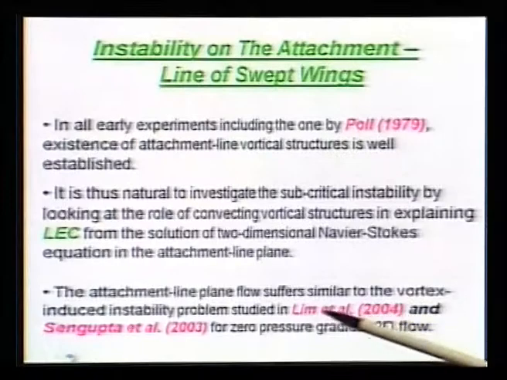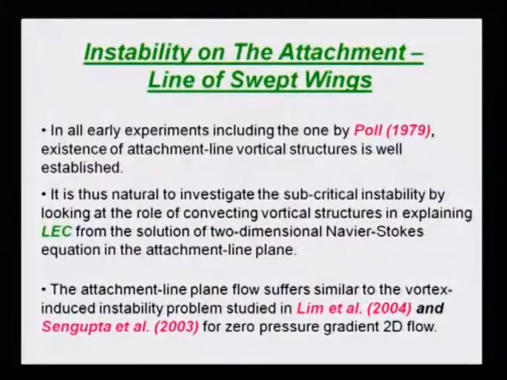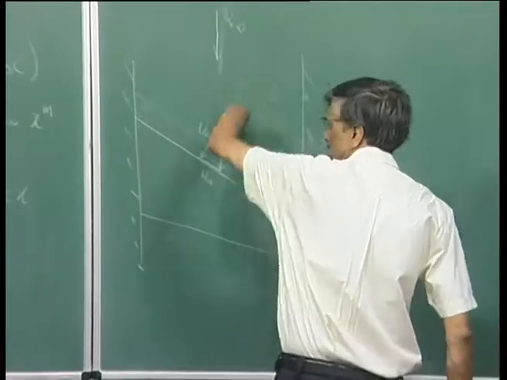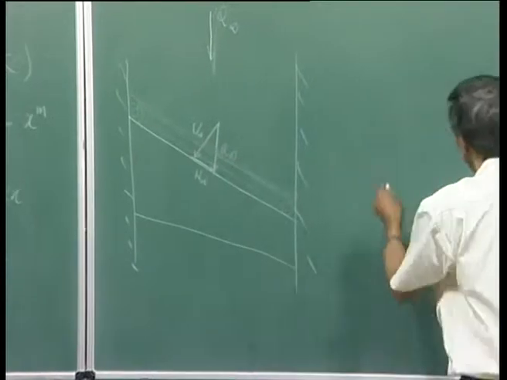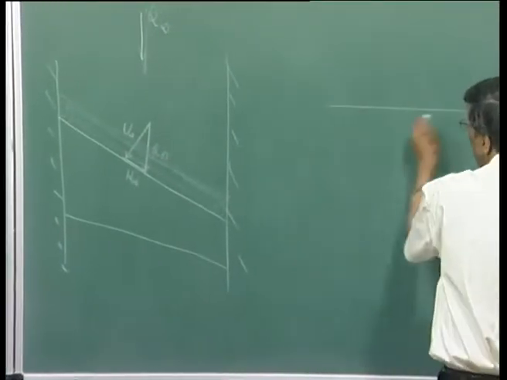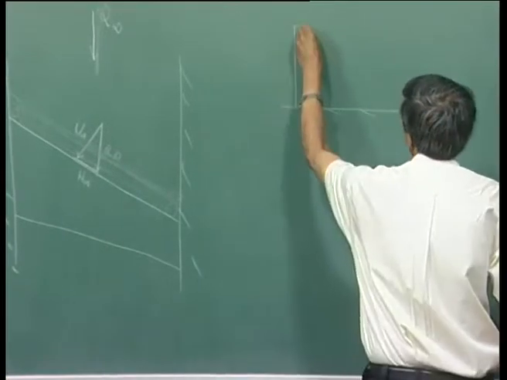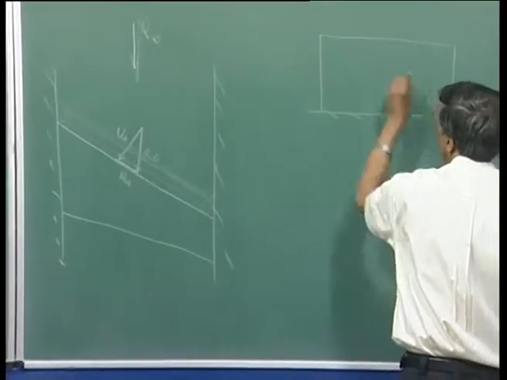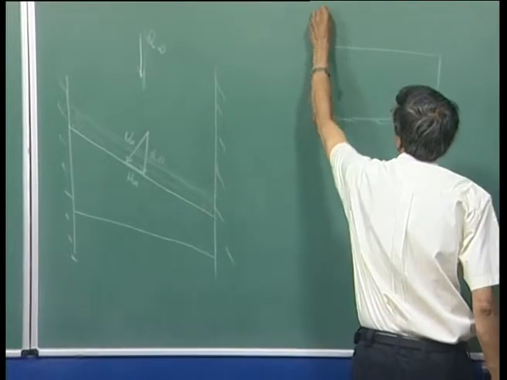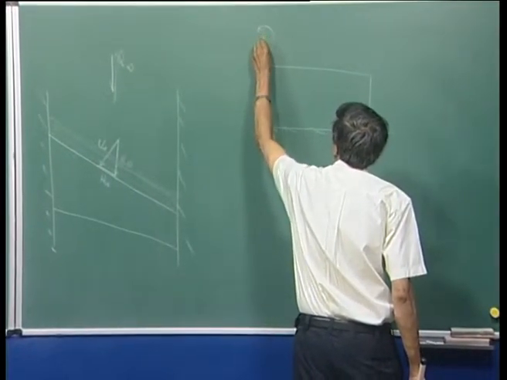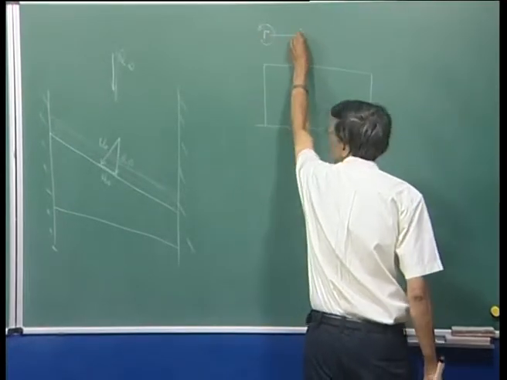So, now the situation is something similar. If I project this flow, if I look at it like this, the flow will exactly be the same thing that we have studied before. We will be talking about a flow in a box, and there are these vortices going in this direction.